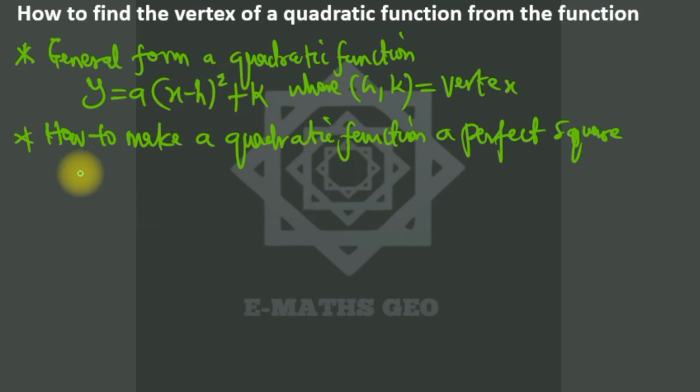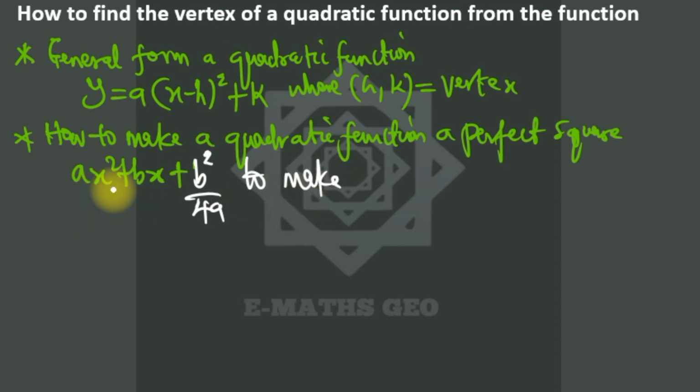So assuming you are given a quadratic function, ax squared plus bx, we always add b squared over 4a to make it a perfect square.